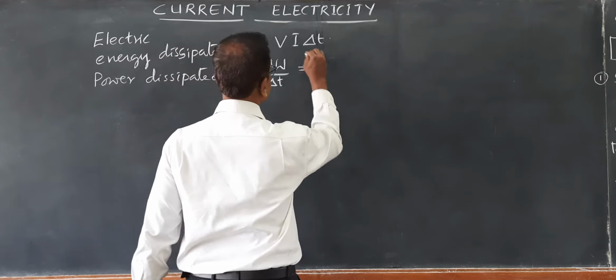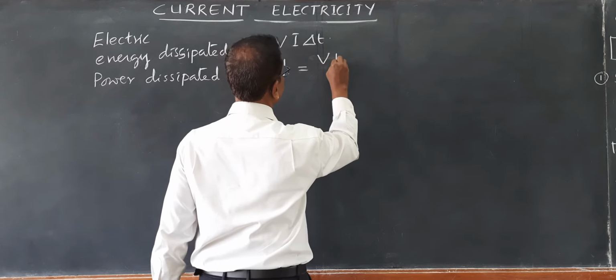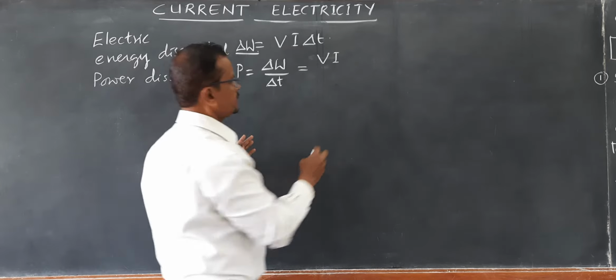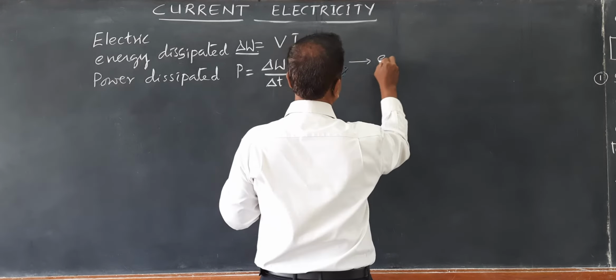So, we get VI delta T by delta T, and delta T cancels.